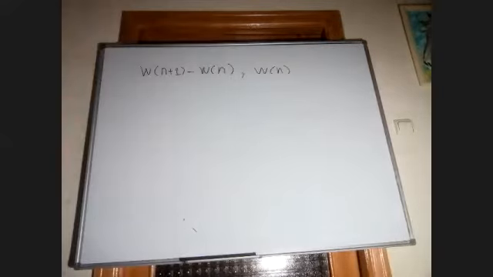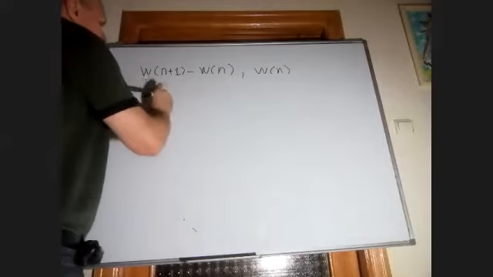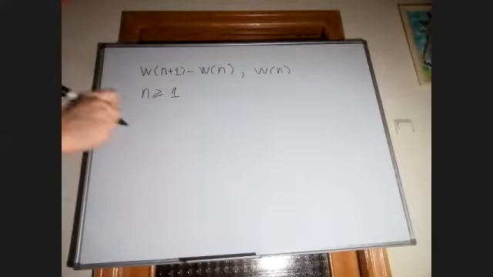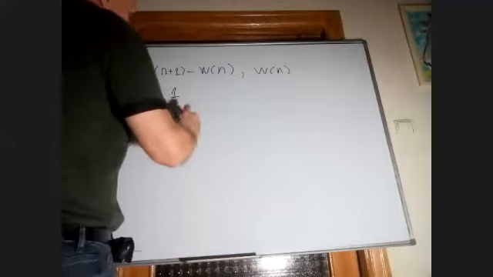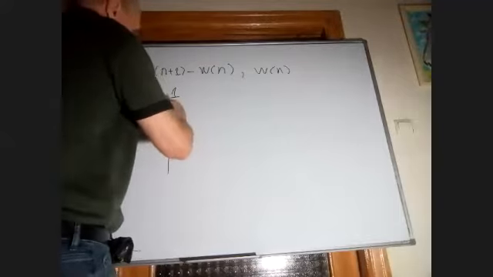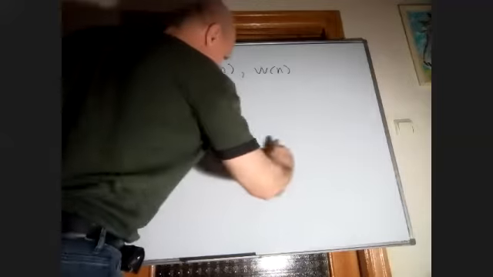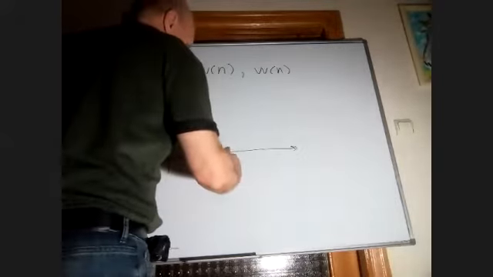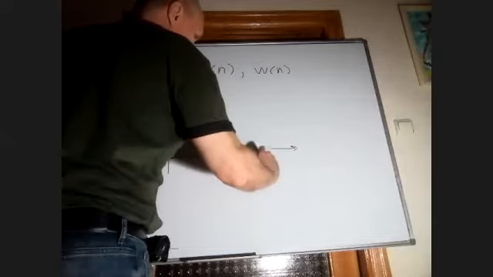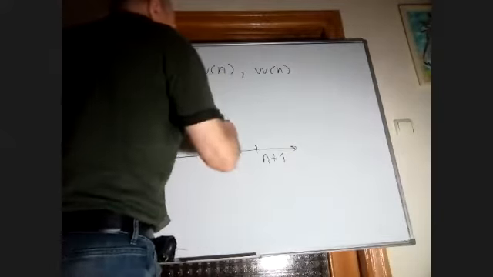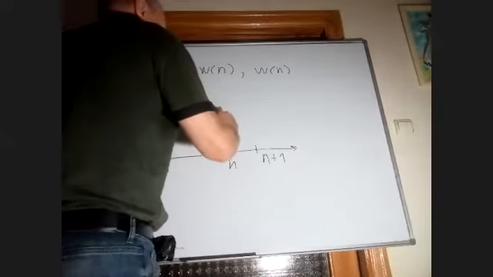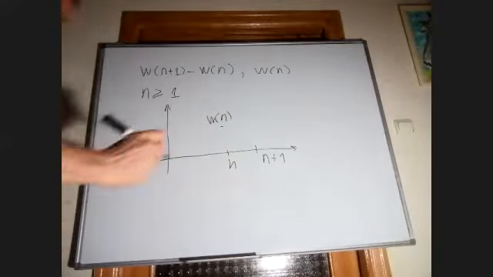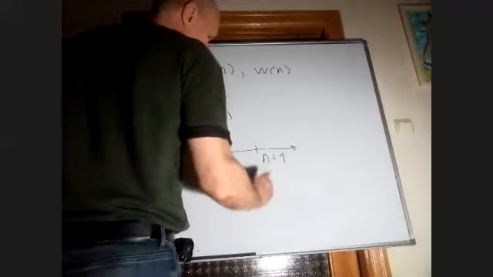Then, if I consider such a sequence, I can see that if we have here n, here n plus 1. Here we have W_n, and this difference will be of opposite sign, like this one.